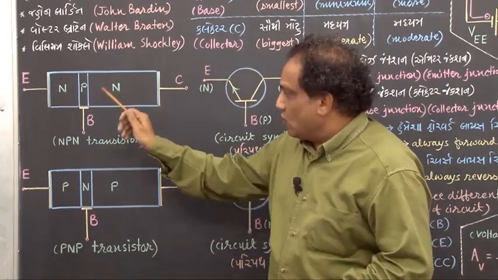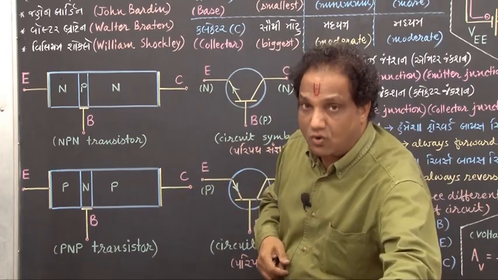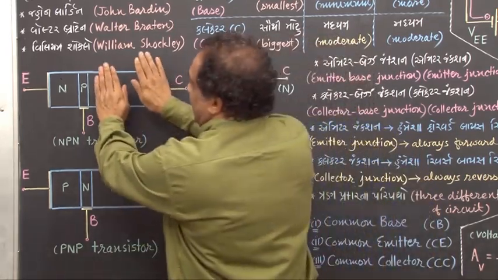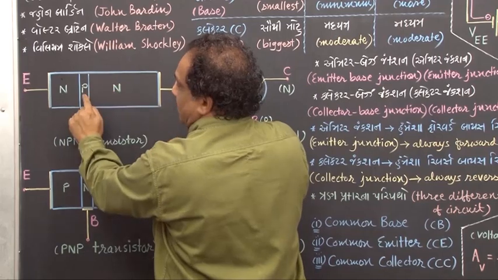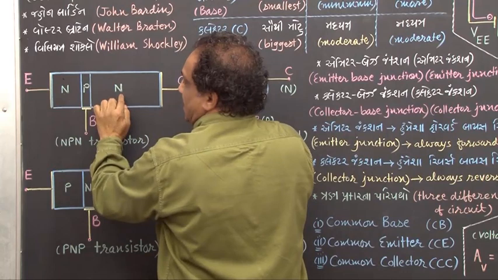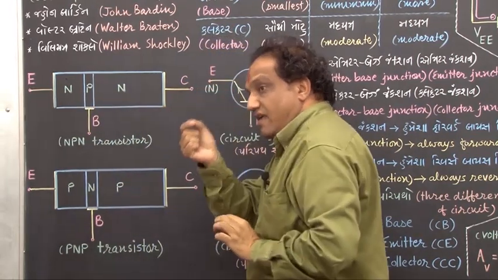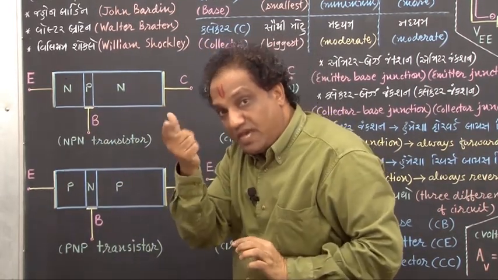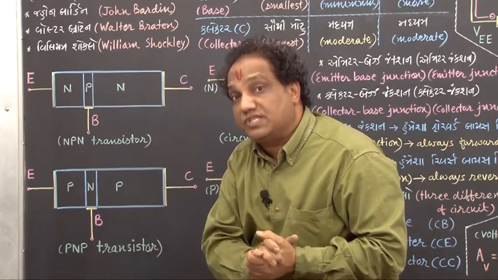Both of them have two PN junctions. How? I am showing you. Hide this N-type semiconductor, then you will have one PN junction here, and if you hide this one, then this is another PN junction. So a device having two PN junctions is called a transistor.